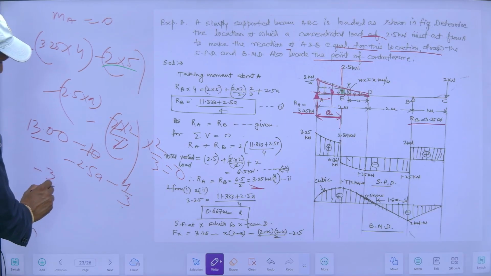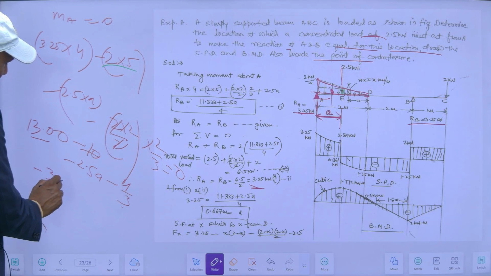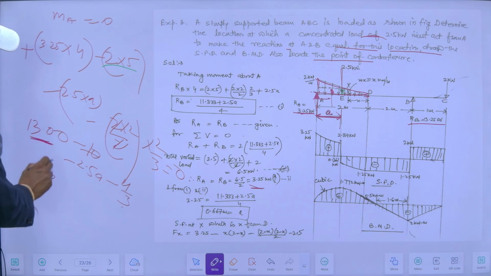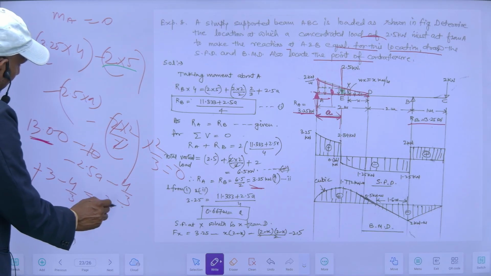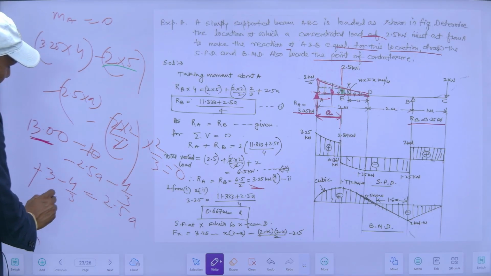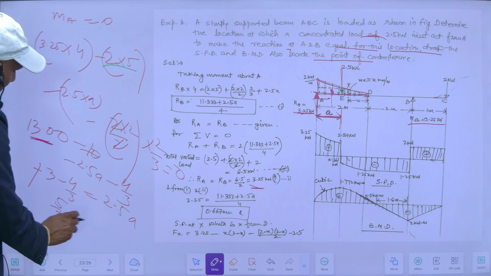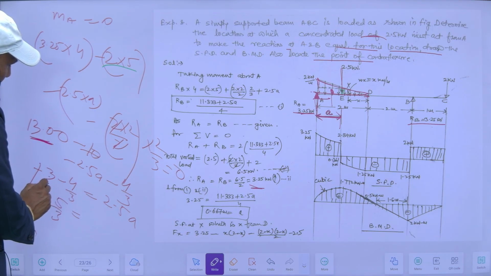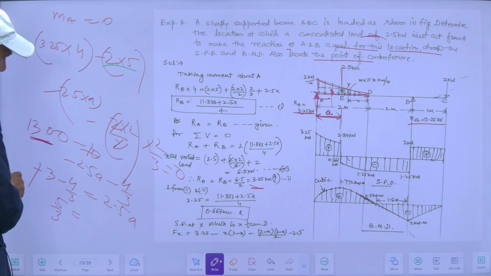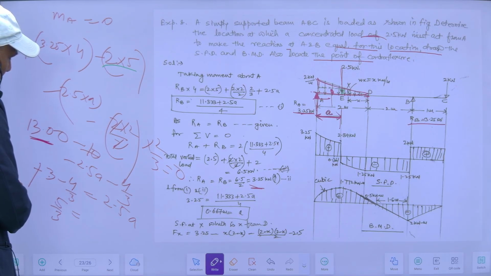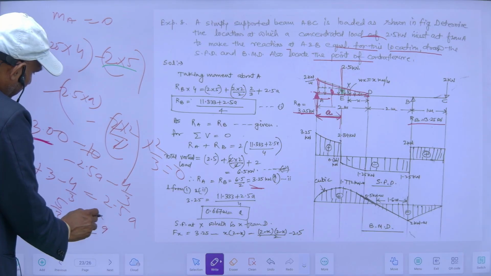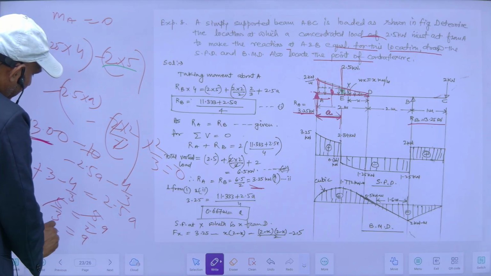So minus 3, minus, oh, no, this will be plus 3 minus 4.3 is equal to 2.5 A. So this will be 5 by 3, and this will be 5 by 2. So A will be 2 by 3.